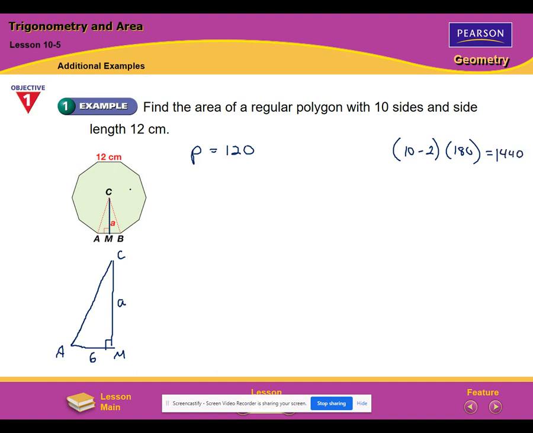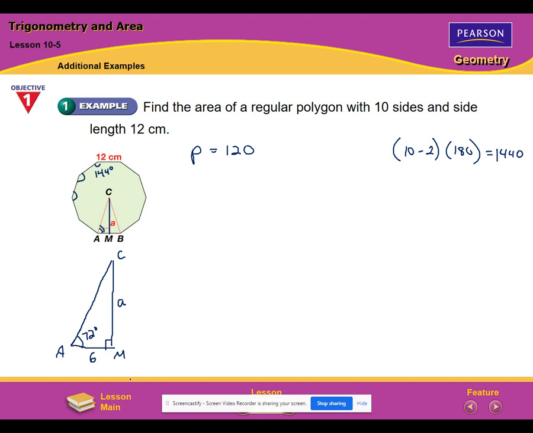There are 10 angles in a decagon, so each one of these angles is 1,440 divided by 10, which is 144 degrees. Now that makes this angle here half of that, 72. I drew this triangle a little bigger, and that angle right there is 72.